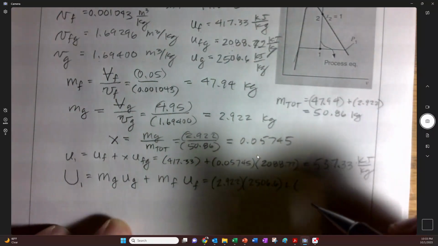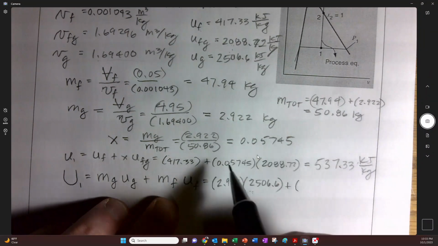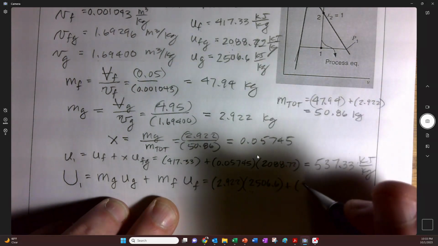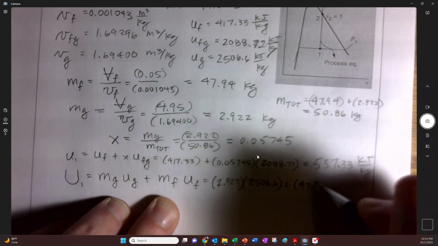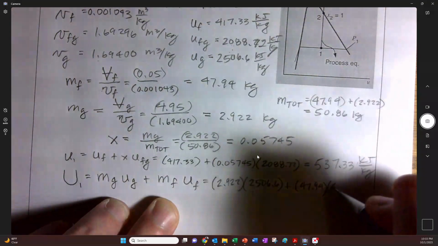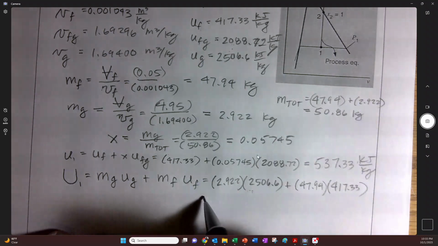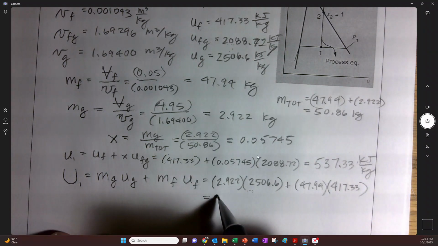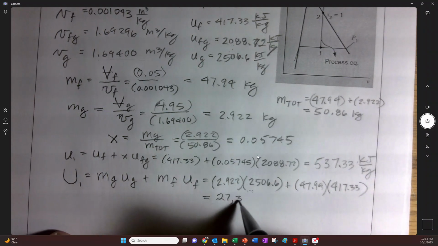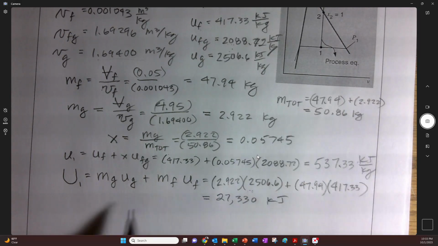Then plus the mass of the fluid, the larger number, 47.94, times the smaller one of 417.33. You do this and you get 27,330 kilojoules. It's not per mass because we multiplied them by mass.